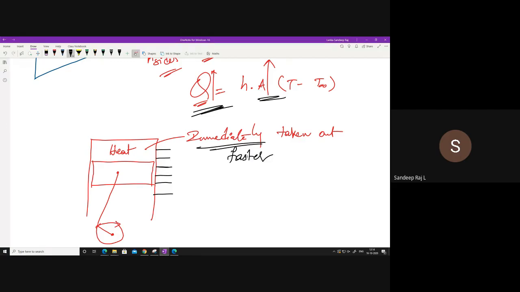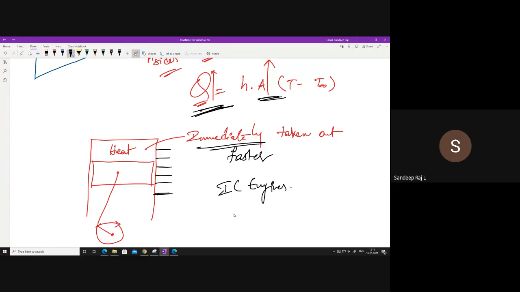Previously, it would go only at a lesser rate. Now the rate of heat transfer to the atmosphere from the cylinder gases will increase because of the increase in surface area available here. Not only here, this particular concept can be used, as I have said, in the IC engine concept.